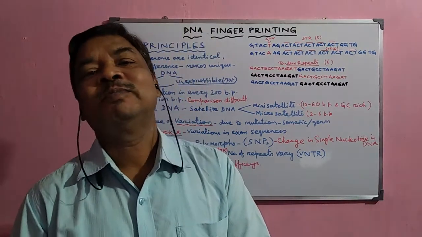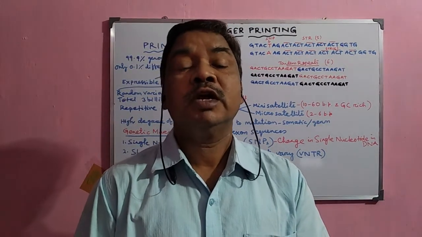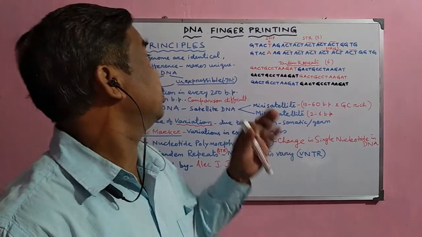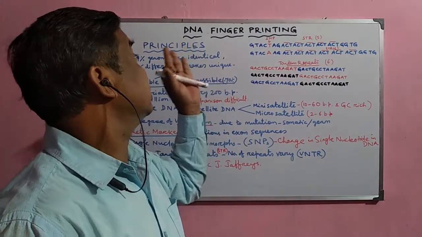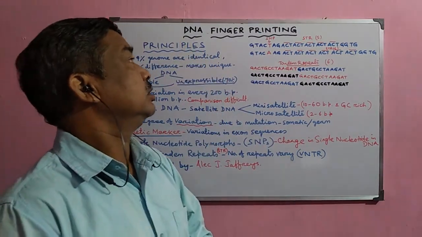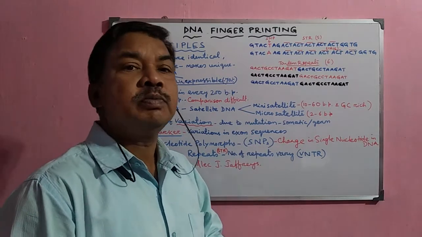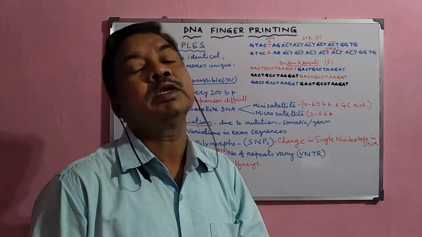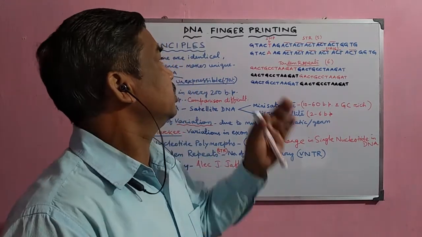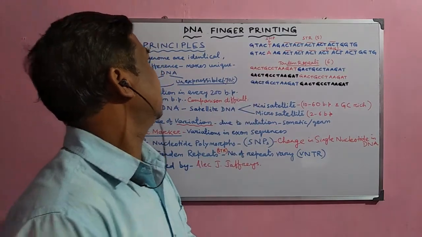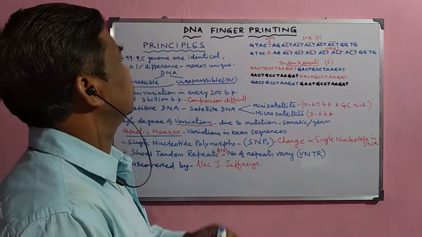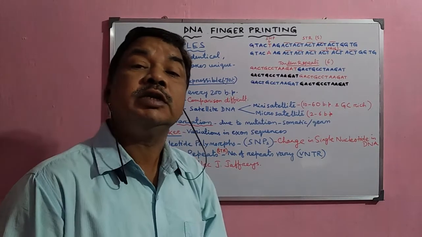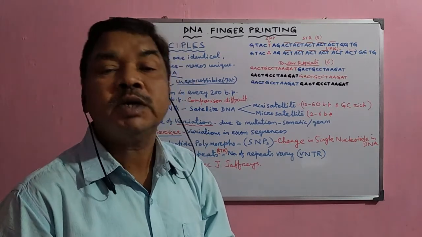Good morning, student. In this video, I shall discuss DNA fingerprinting, which is one of the important applications of the genetic material in case of human genetic material. Now, what is this DNA fingerprinting and how is it different from the normal fingerprinting?